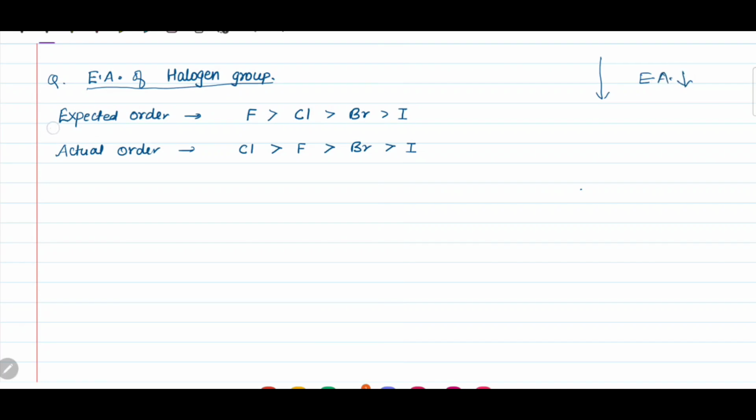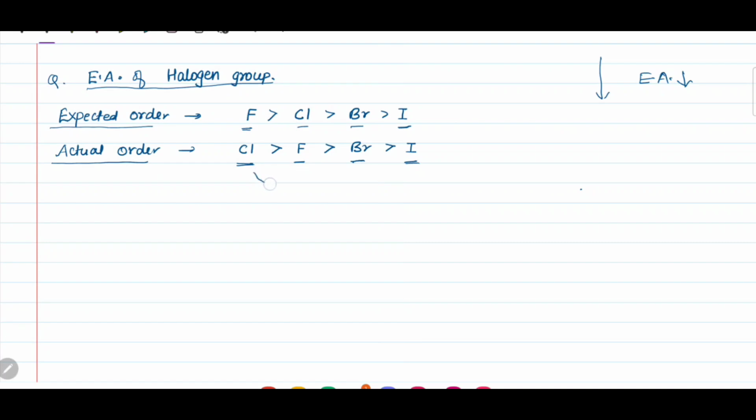So our expected order should be fluorine with maximum electron affinity, then chlorine, then bromine and iodine with least electron affinity. But the actual order of the halogen group in terms of electron affinity is chlorine with maximum electron affinity, followed by fluorine, then bromine and iodine with least electron affinity.